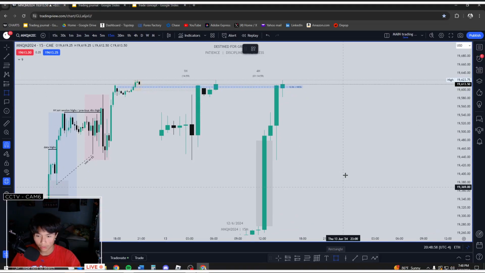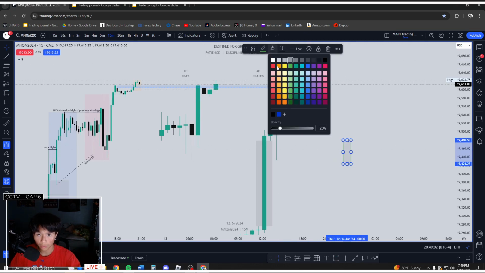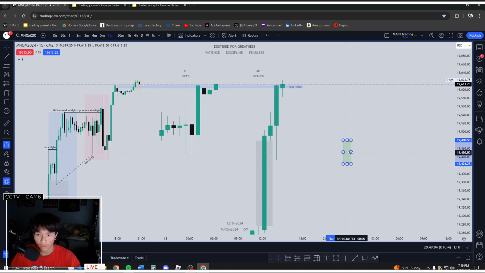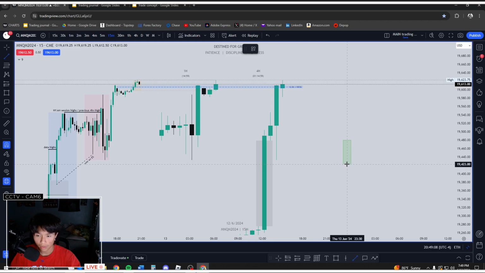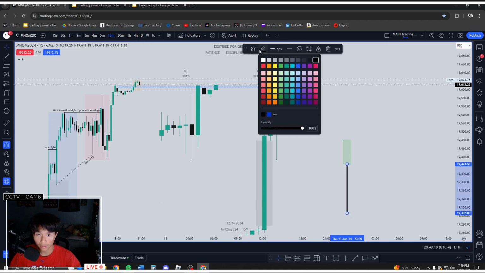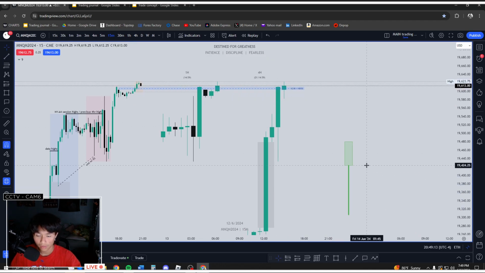if your candle looks something like this, right? It's a green candle that looks something like this. Something like that.